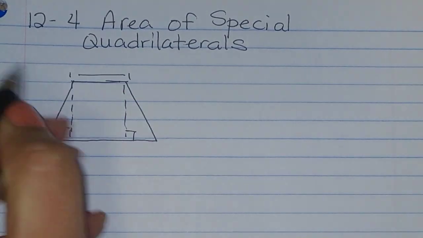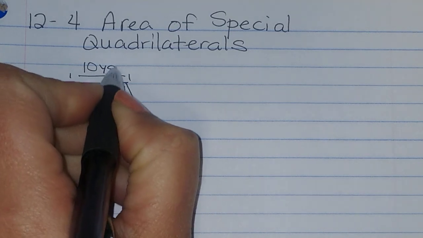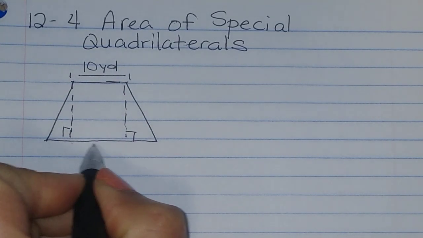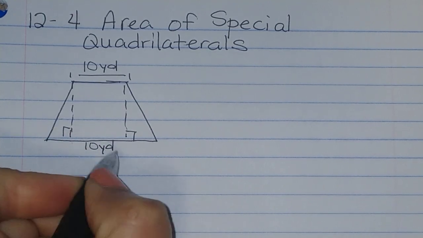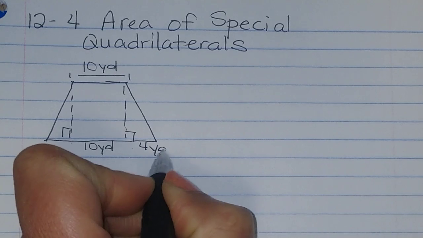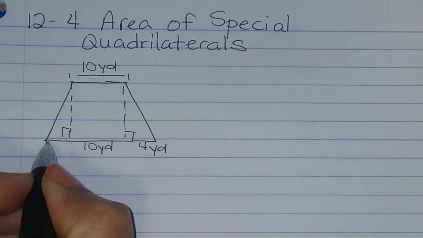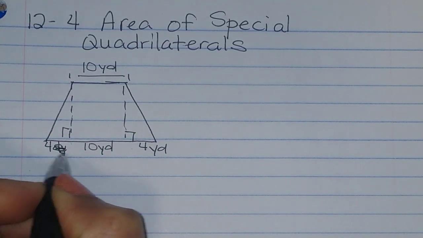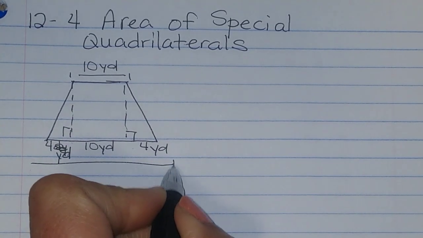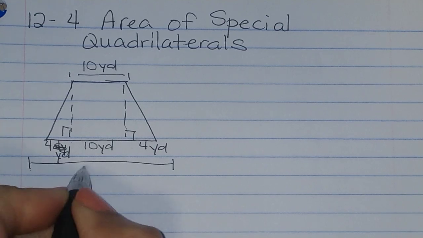Across the top, we have 10 yards. We have, again, 10 yards here. Our base of this triangle is 4 yards, and the base of this triangle is also 4 yards. The total base is 18 yards.